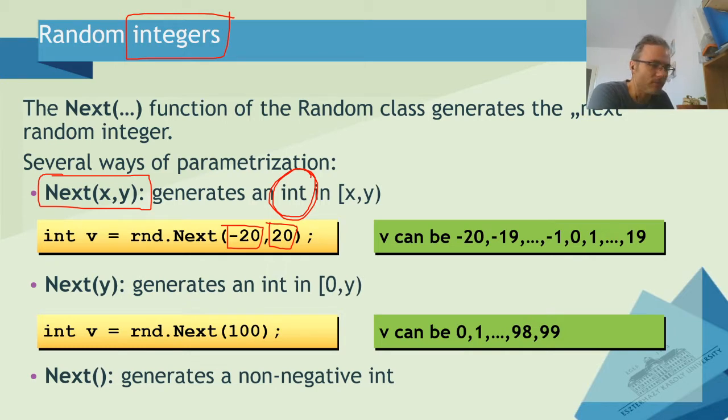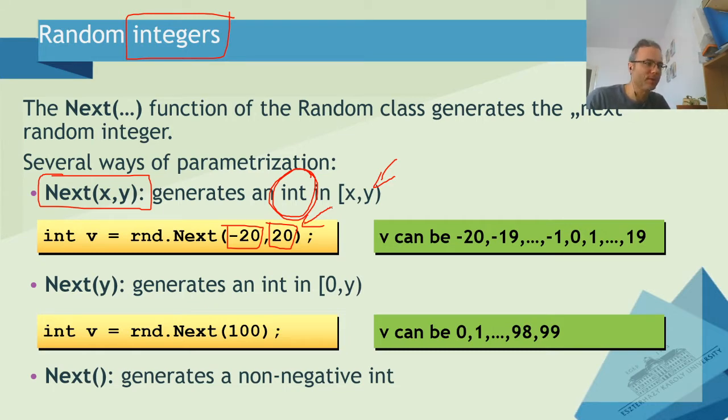Okay, and did you know that the second parameter, y, which is 20 here, is non-inclusive? It's like minus 1. It will be 19. Exactly.